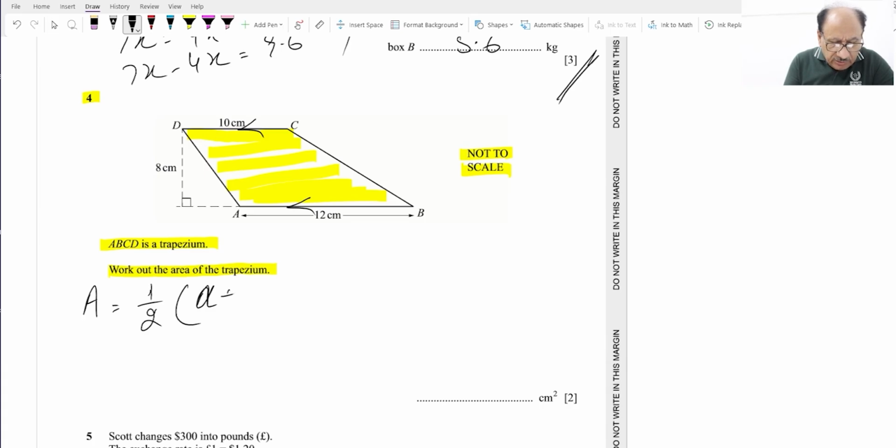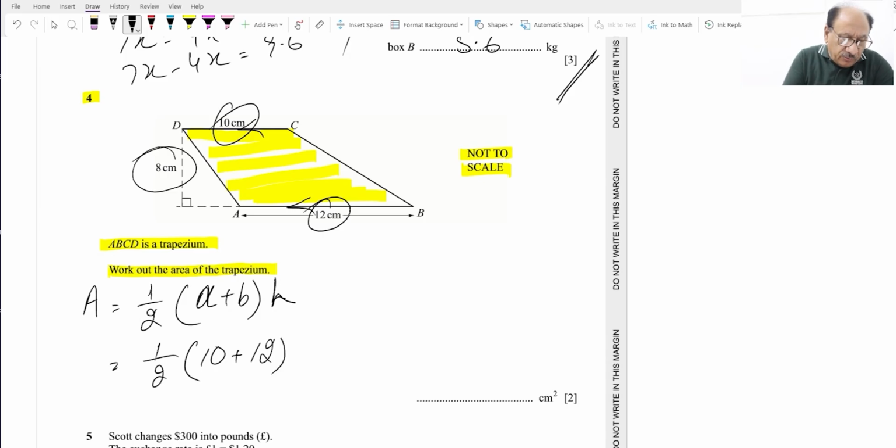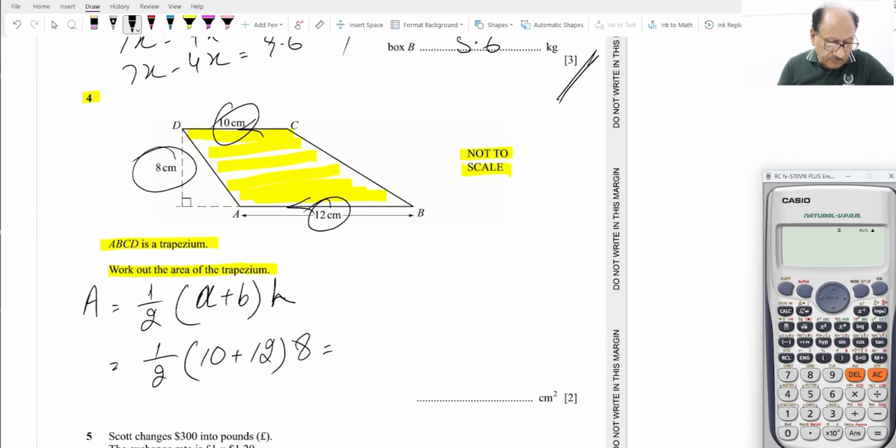So this will be half into a, which we can take as 10, and b as 12, because the parallel sides we will be adding, and multiply by the perpendicular height, which is 8. Further we can use the calculator to simplify this.